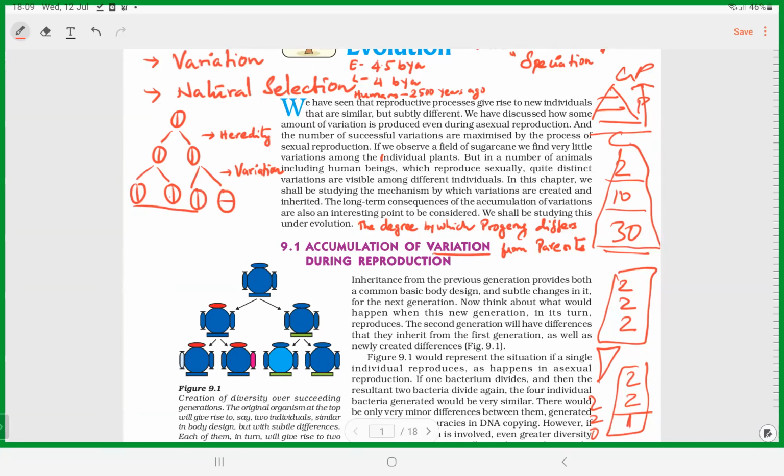In the pre-reproductive phase, how many people are there in your family? You just split into 2: reproductive phase and pre-reproductive phase. How many of them are there in the reproductive phase in your family? 8. Okay. 8 to 10.